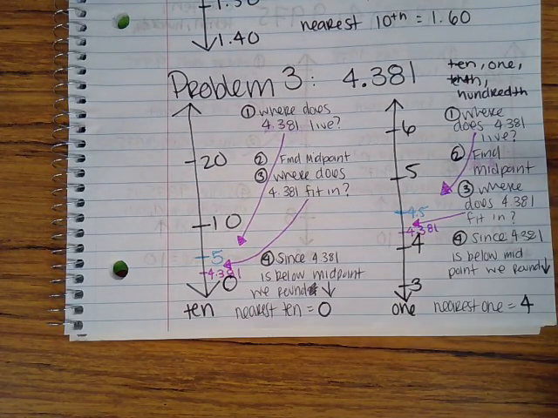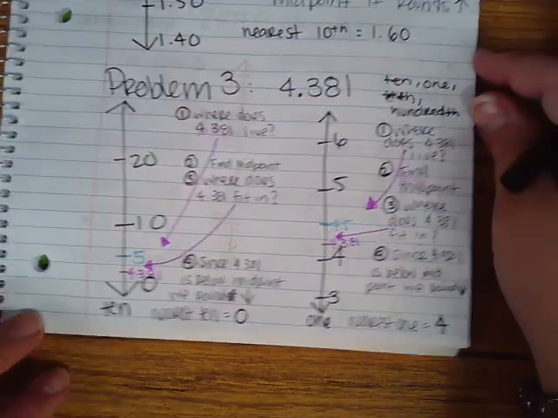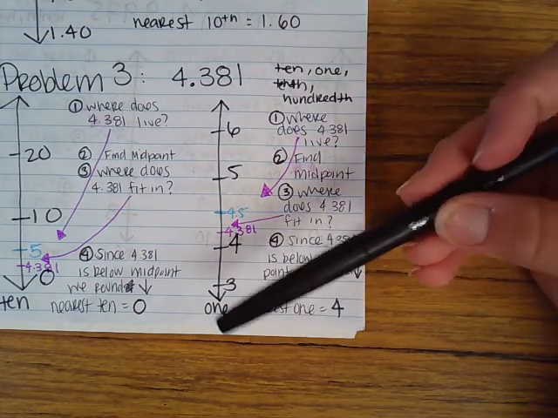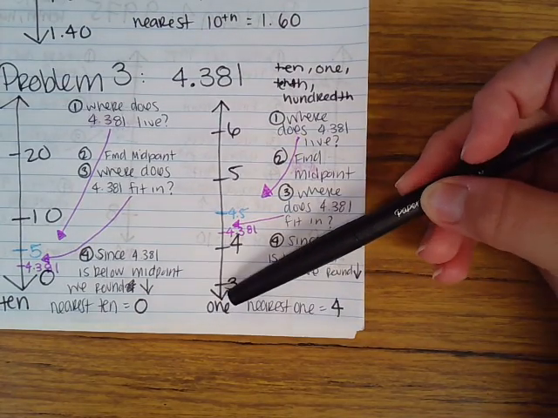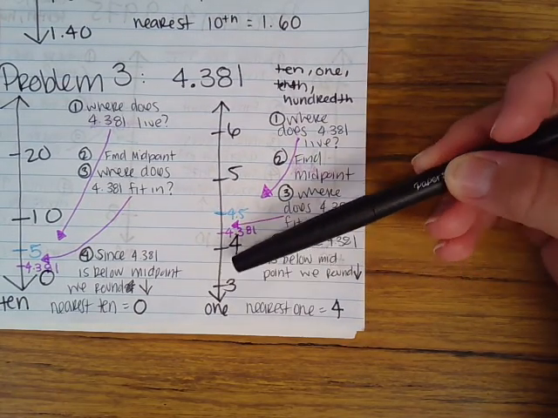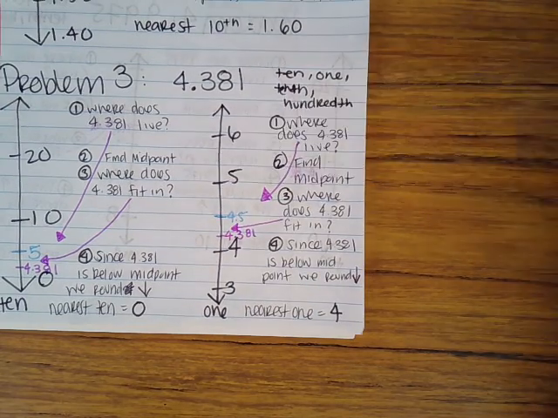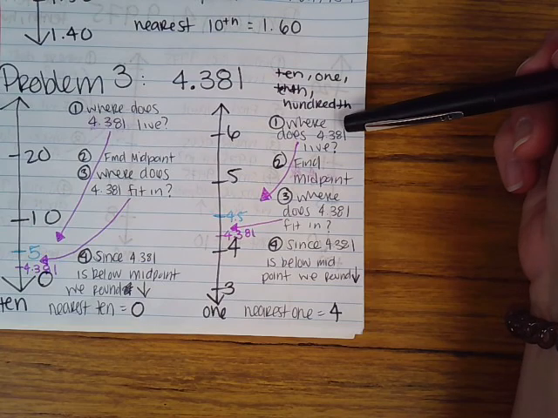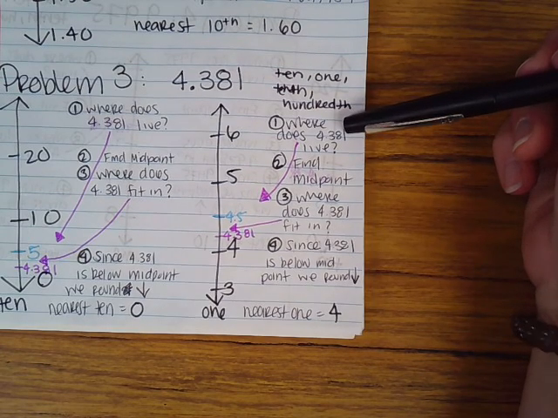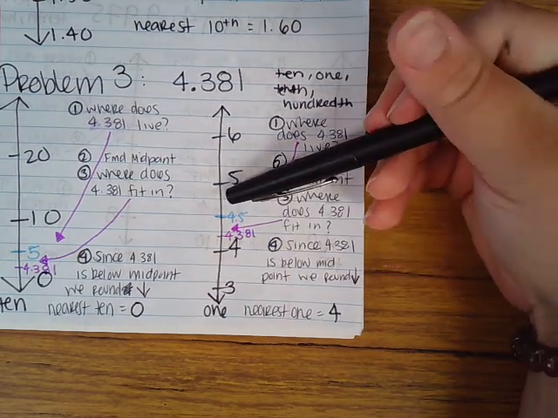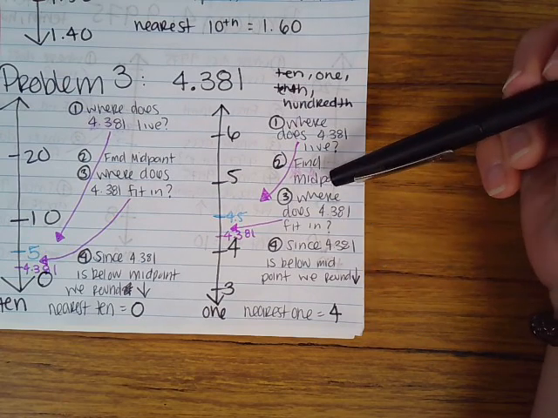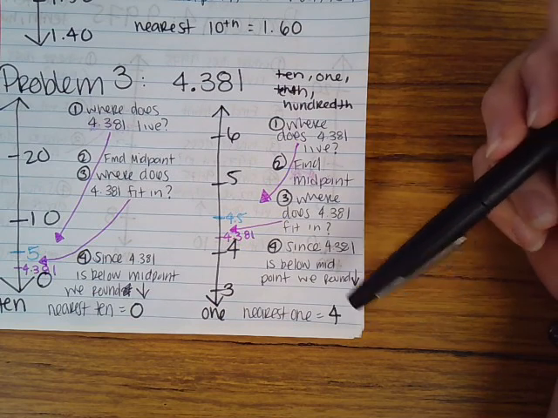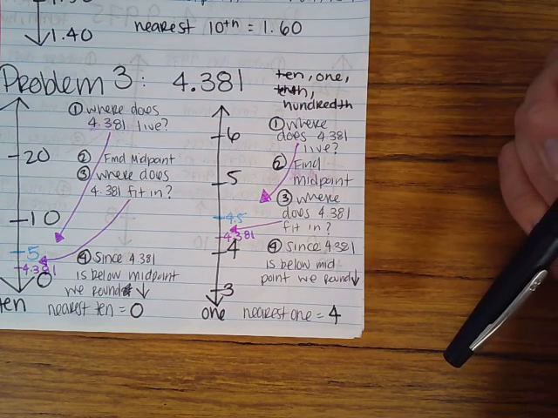Okay, I'm going to move on to the ones spot. So I'm going to start my number line here at 3. So I have 3, 4, 5, and 6. Where does 4.381 live? Between 4 and 5, okay? The midpoint between 4 and 5 is 4.5.